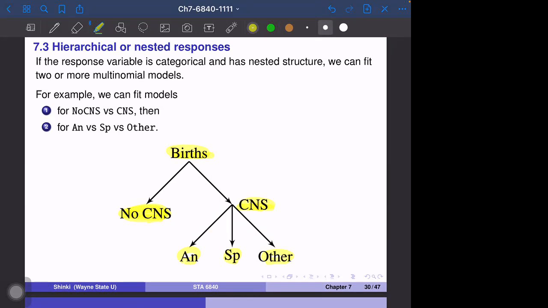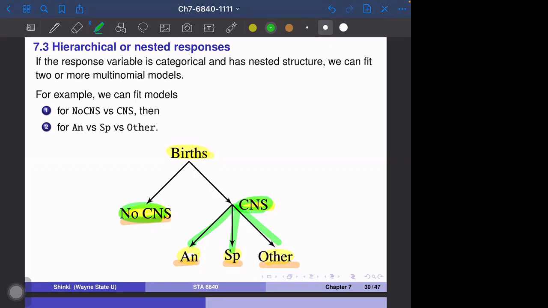One way to apply the multinomial logistic model is to use these four categories, but often it's more important at first to see whether or not the baby has the CNS. After that, we separate the CNS into three cases.